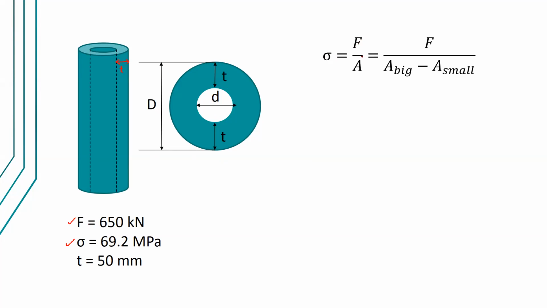Stress is the load divided by the cross-sectional area, or F divided by the area of the big circle minus the area of the small circle. You need to subtract the area of the small circle, which is the hollow part, from the big circle, because the cross-sectional area is this portion only.